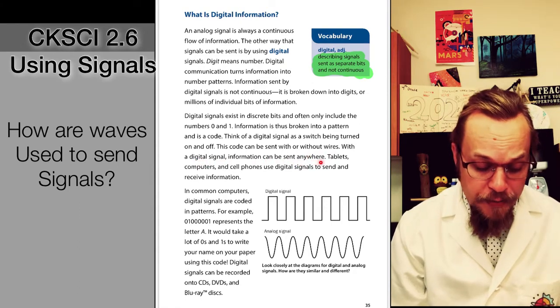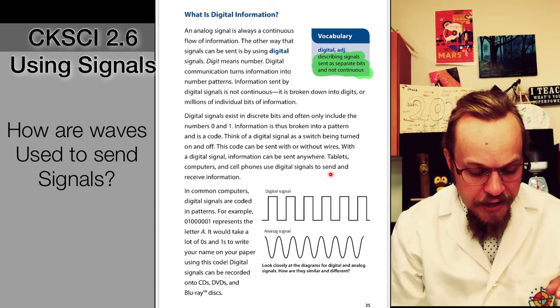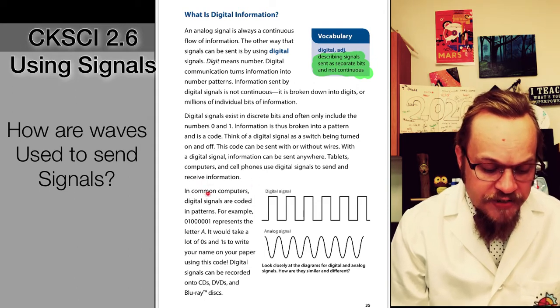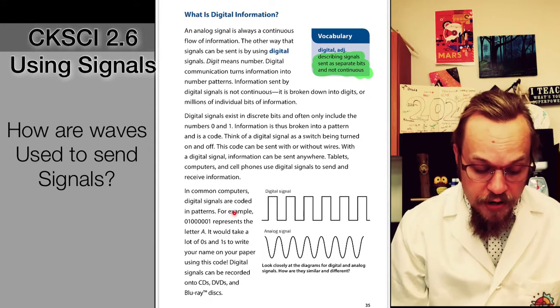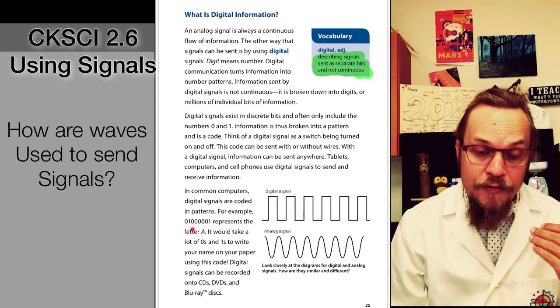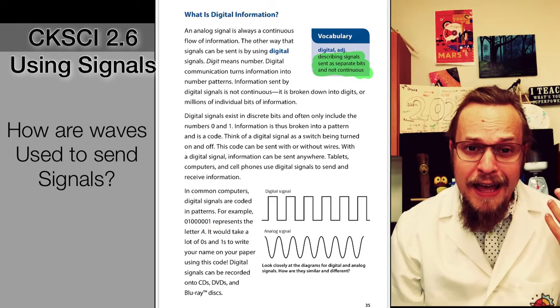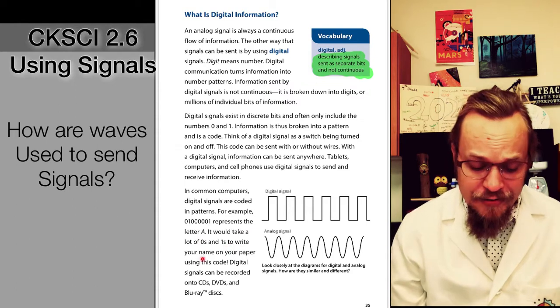For example, 01000001 represents the letter A. It would take a lot of zeros and ones to write your name on your paper using this code. Digital signals, however, can be recorded onto CDs, DVDs, Blu-ray discs, and any game cartridge that you have. Those are all digital signals.